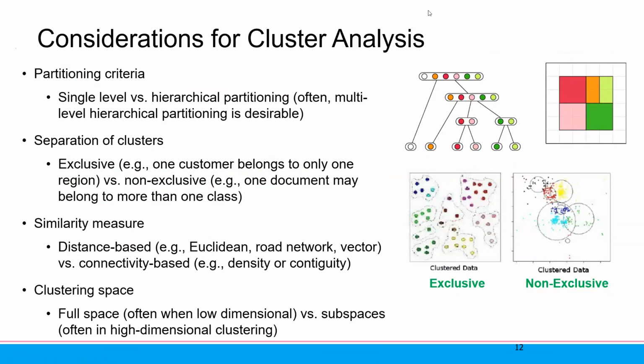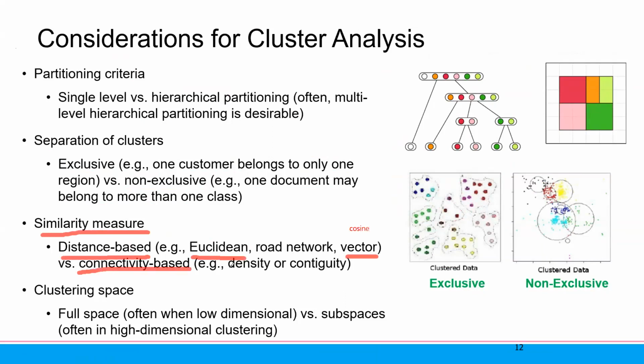The clustering also depends on the similarity measures. If it is distance based, you already know the Euclidean, or we use the factor. In the factor base, you learn about the cosine similarity. Or if we are using the road network, using the distance along the road, it is different from the connectivity.